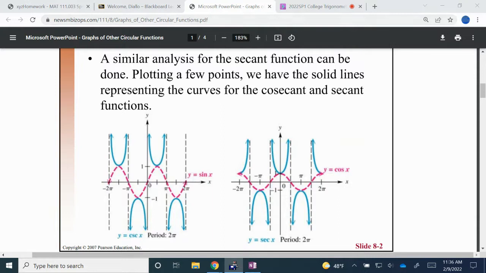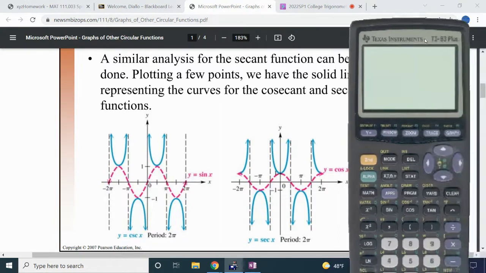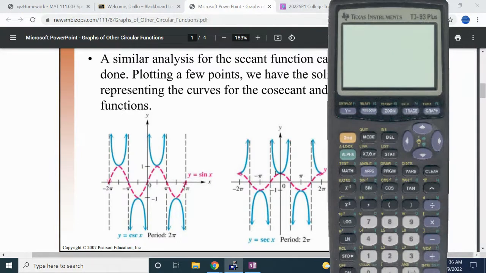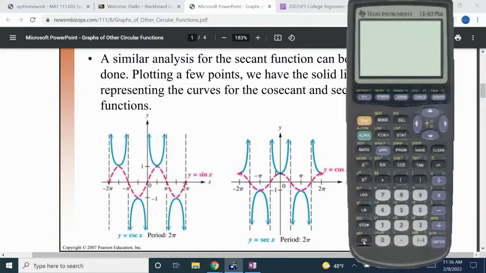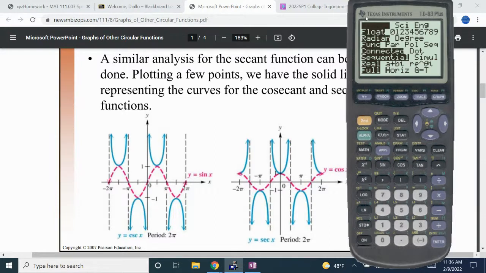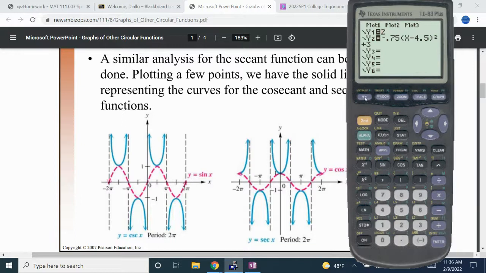All right, I'm going to pull out the calculator and graph these two curves. I'm going to clear out my home screen. I want to make sure that I am in radian mode. I'm going to clear out these functions, and I'm going to graph the cosecant.